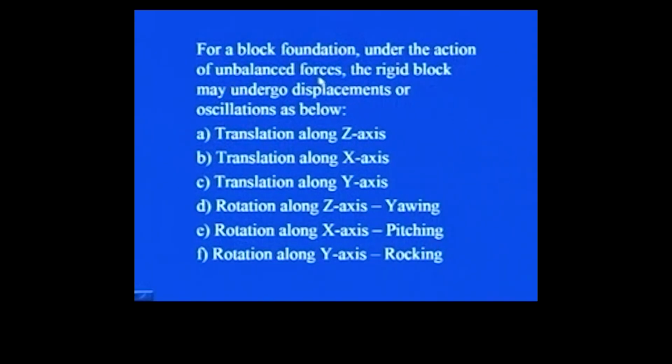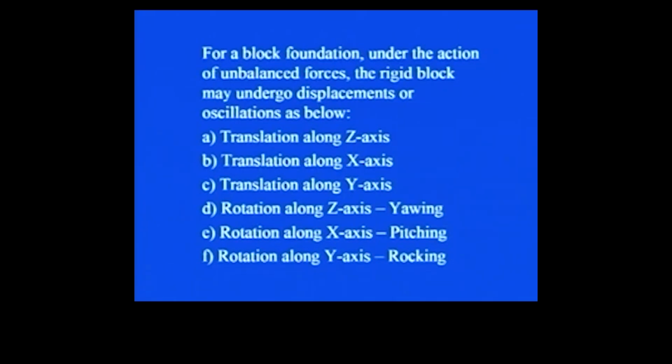For a block foundation, under the action of unbalanced forces, the rigid block may undergo displacements or oscillation as below. As you know, in case of any foundation, it can translate or rotate. Then there are three axes, two axes in horizontal direction perpendicular to each other, and one vertical axis.